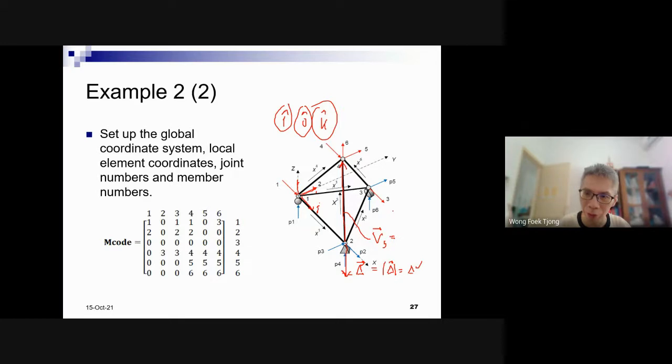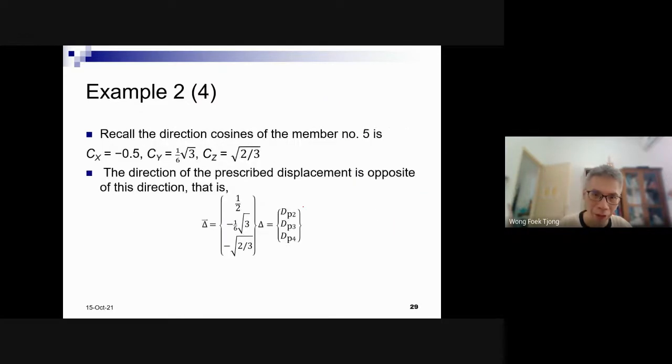As I mentioned before, the unit basis vector is V5 divided by its length. This is from mathematics 1, the application of vector. So the concept of vector in 3D space is very important if you want to perform structural analysis in 3D space, not only for truss but also for frame. So this is the vector, the direction cosines.